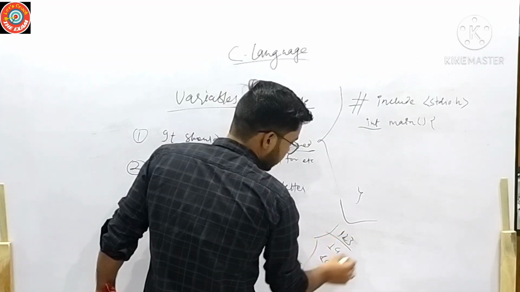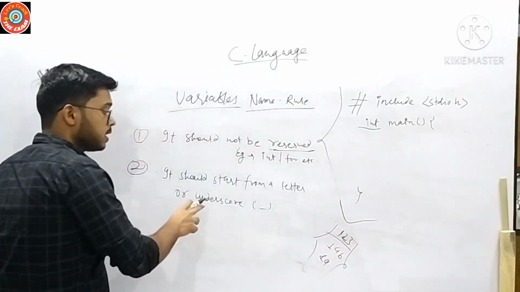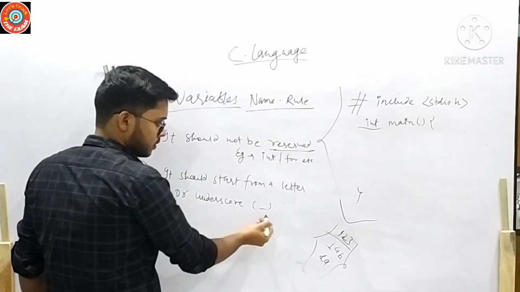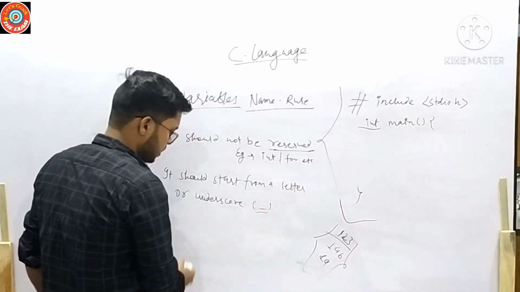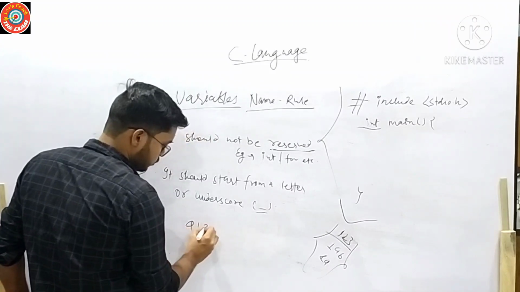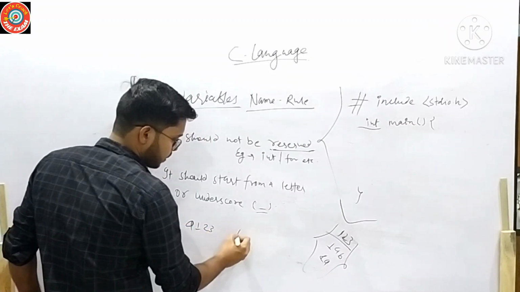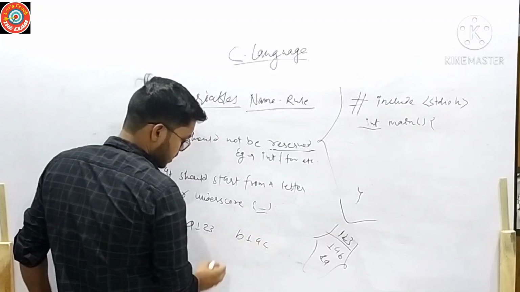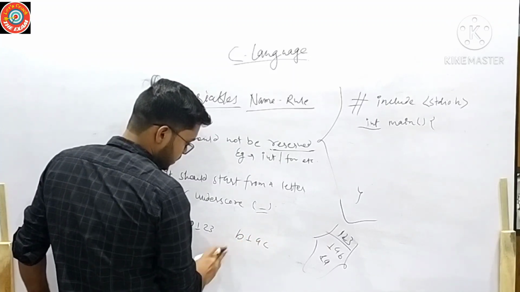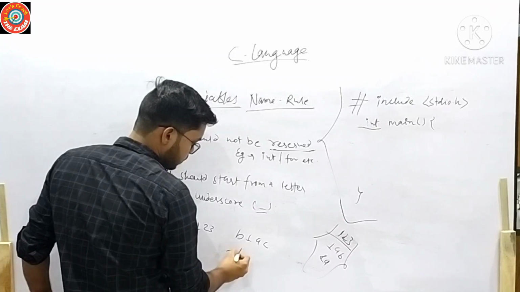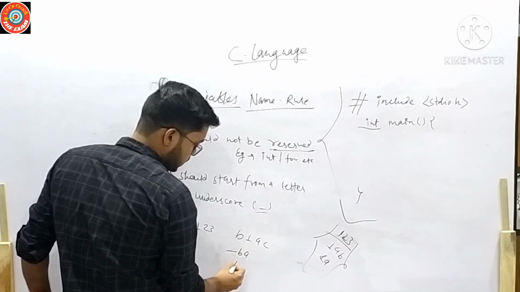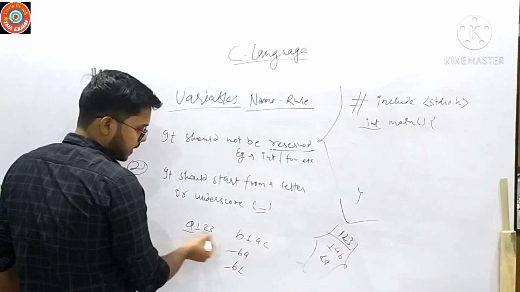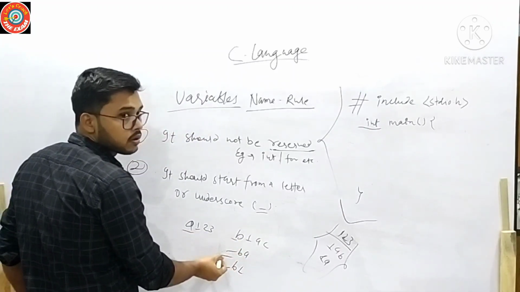So these are not allowed, because the variable name should start from an underscore or a letter. It can be a123, it can be b1ac, it can be _ba_b1. It should start from a letter or underscore.